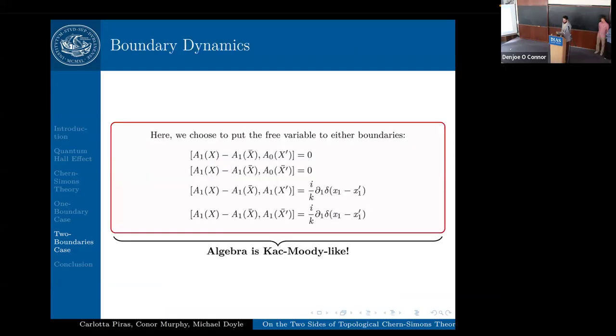So we have two copies of each commutator, with the free variable now being set on either boundary. We find that the algebra is Kac-Moody-like, but the left side of each commutator is not local to any one boundary in particular.